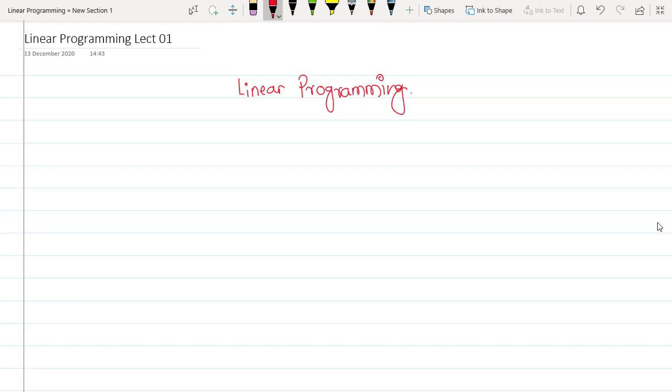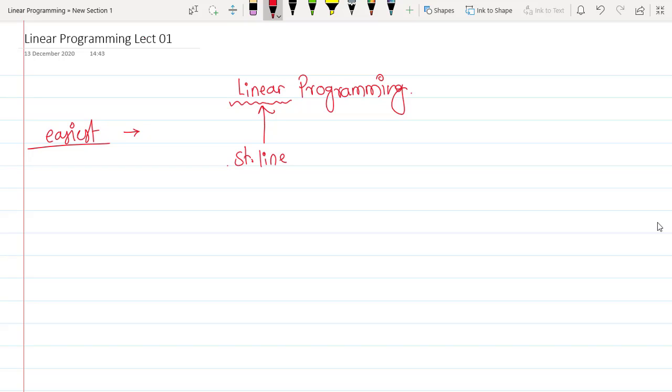First of all, it is one of the easiest topics. Why? Because the basics this topic requires, we have already covered, and that basic is nothing but the linear. What does linear mean? Linear means it's a straight line.